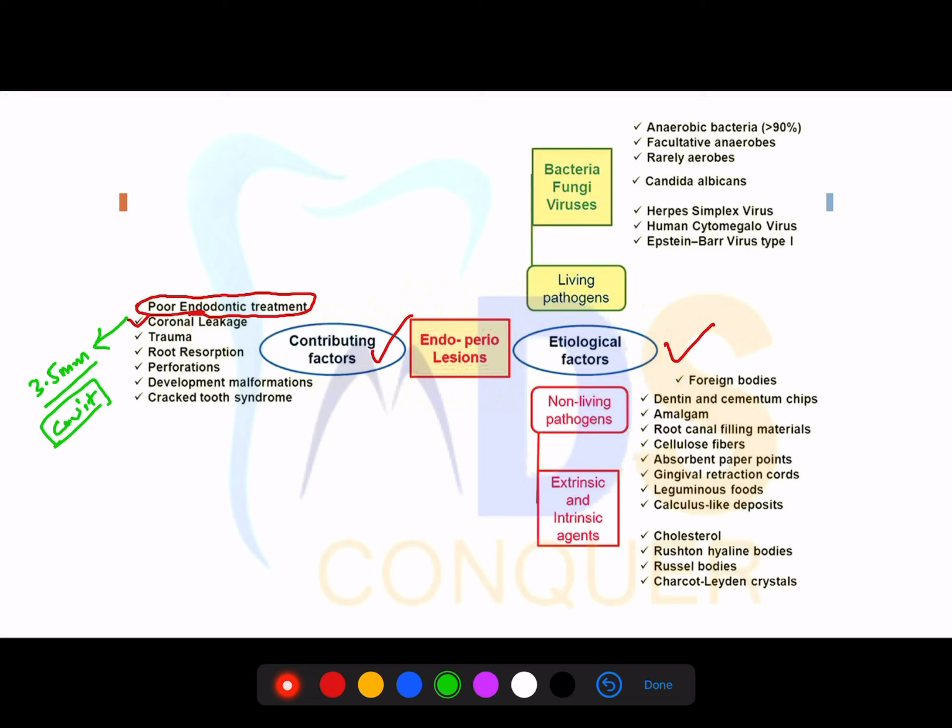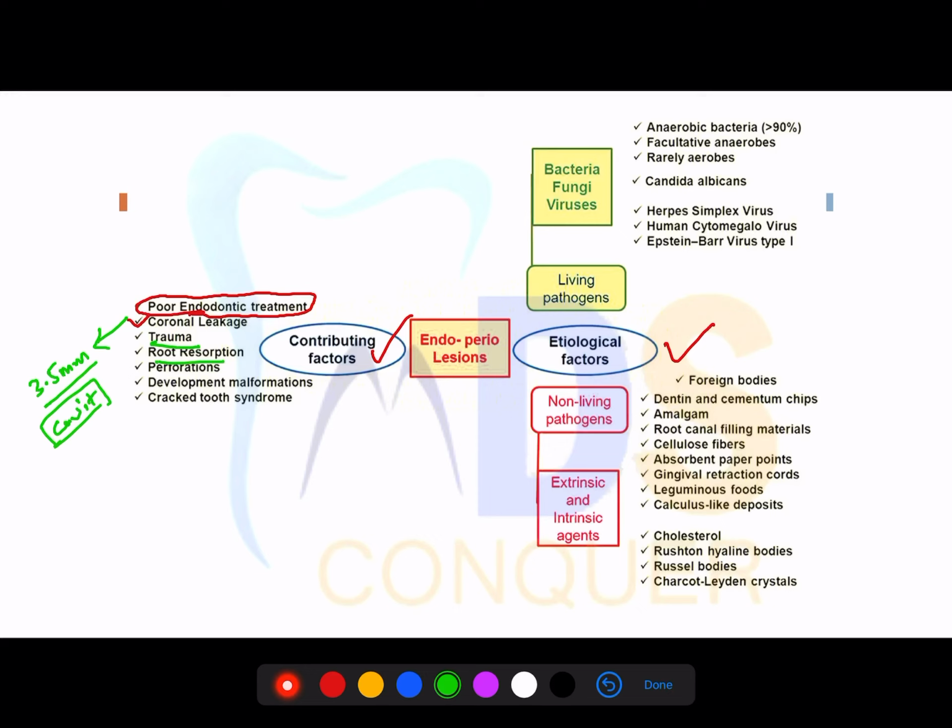It is the same reason why, whenever you are planning for post endodontic treatment, make sure your gutta-percha is sealed up to the canal orifice level, by which you can provide a proper coronal seal. So coronal seal is mandatory, because if there is any damage to the coronal seal, there are high chances that your endodontic treatment is going to fail. Similarly, the other contributing factors are trauma.